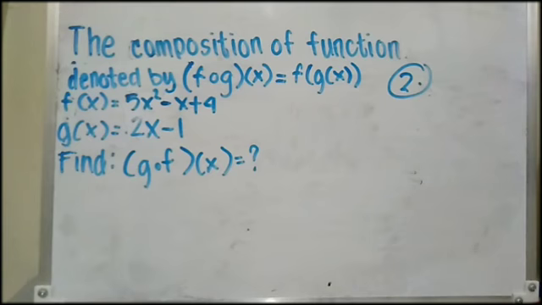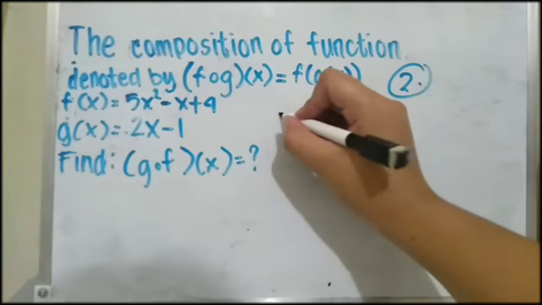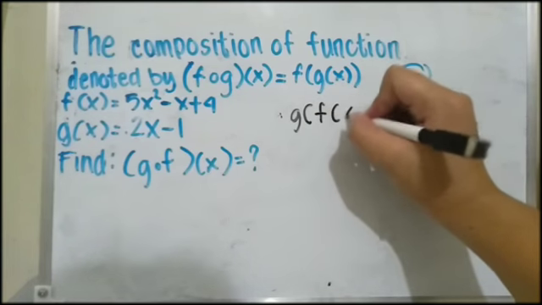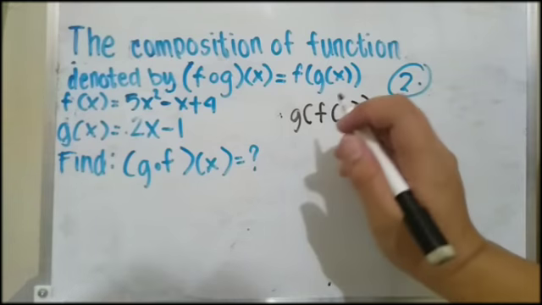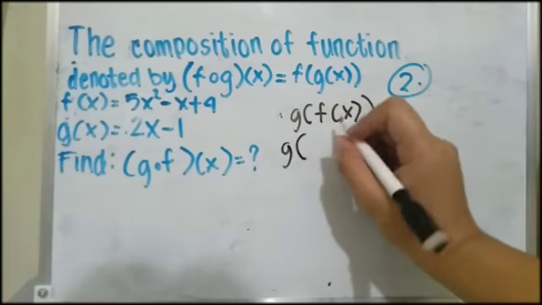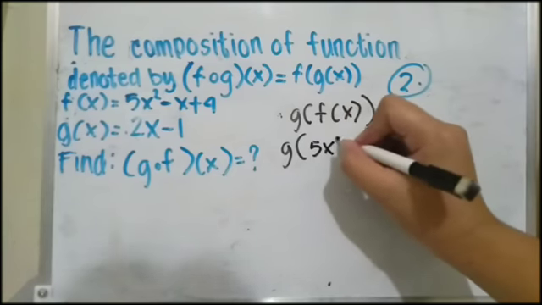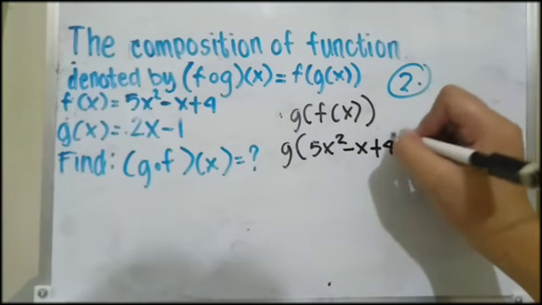So for example number 2, we are going to find g compose f of x. So this is equal to g of f of x. What we are going to do first is simplify what's inside the parentheses. So g and the value of f(x) is 5x squared minus x plus 4.